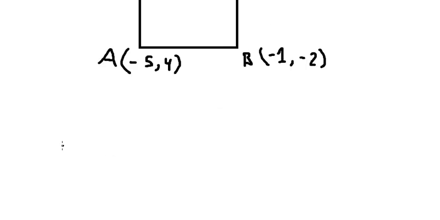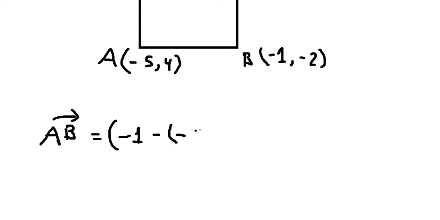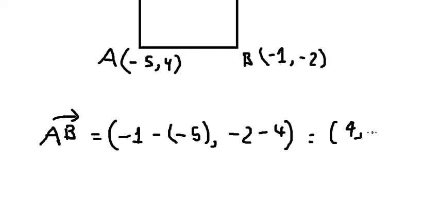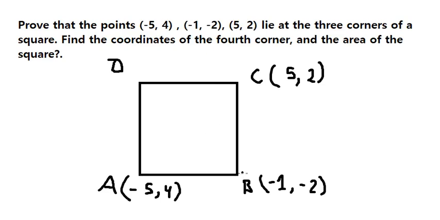The first thing we need to find is vector AB. So we have negative 1 minus negative 5, and negative 2 minus negative 4. So this one we will have 4 and negative 6. The next one is BC.